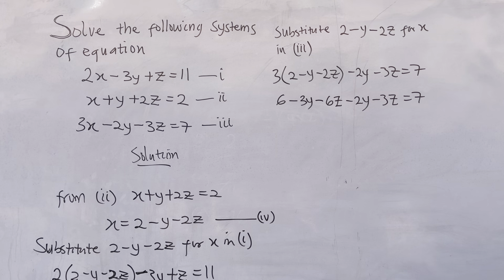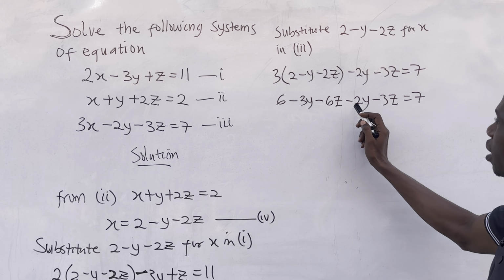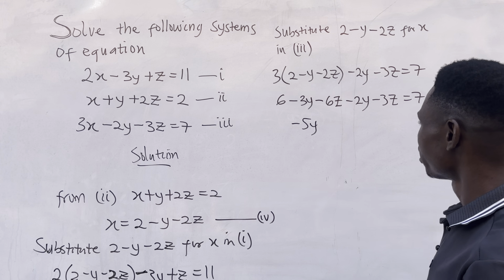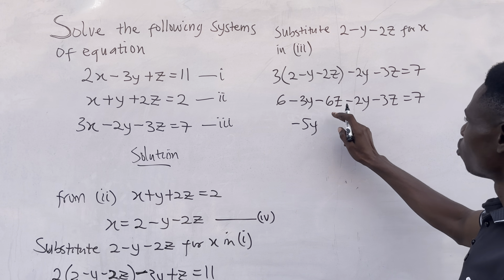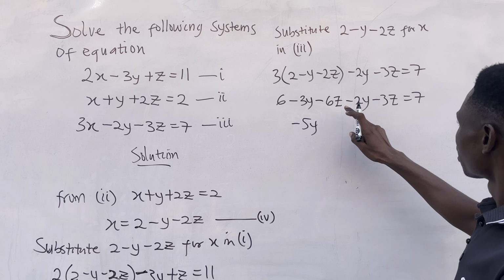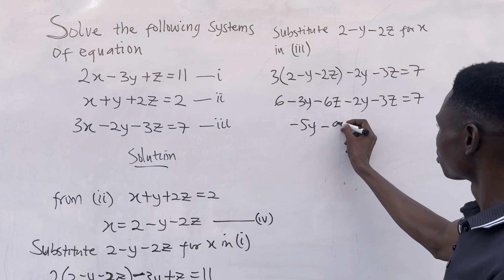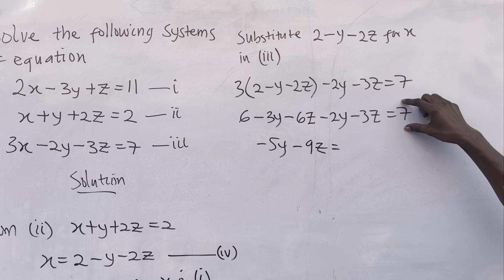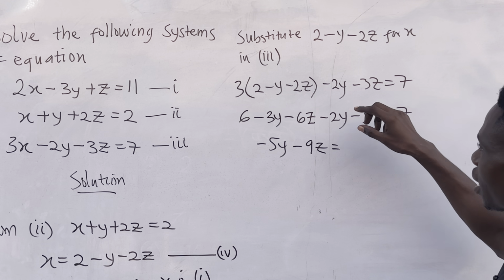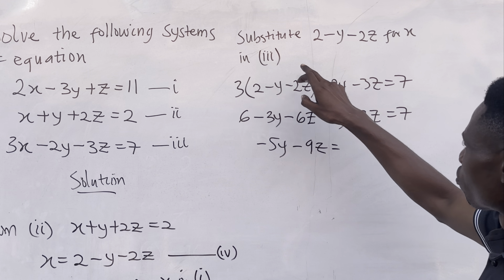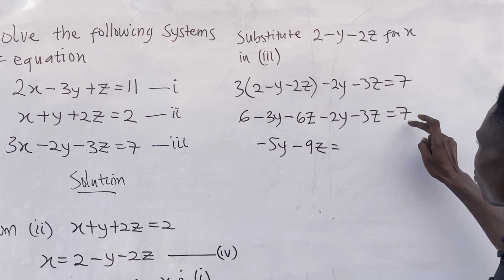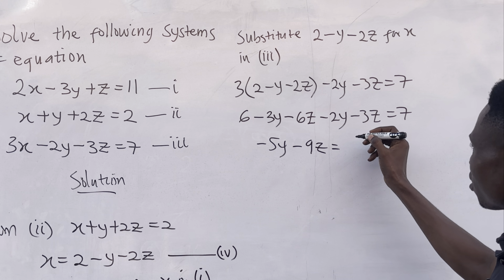We'll have minus 3y and minus 2y. That will give us minus 5y. And when it comes to z, we'll have minus 6 and minus 3. That gives us minus 9z equal to, now we have positive 7 and positive 6. If we bring the 6 over to this side, it becomes negative 6. So 7 minus 6 will give us 1.